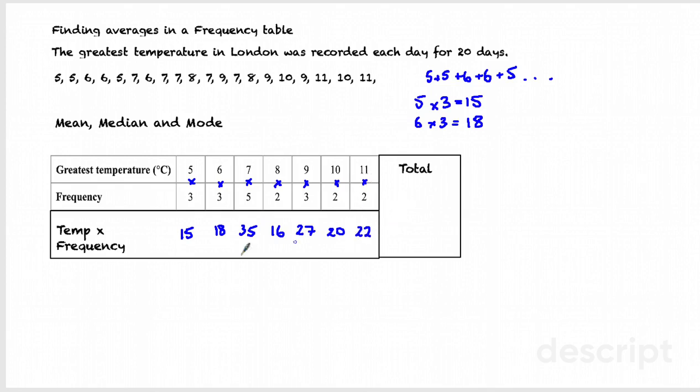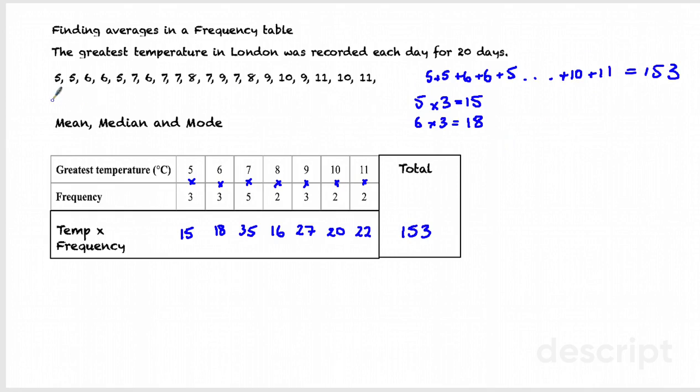And then I can find the total of all my data by adding up these values. That's 153. So if I added all the data up, I would get 153.